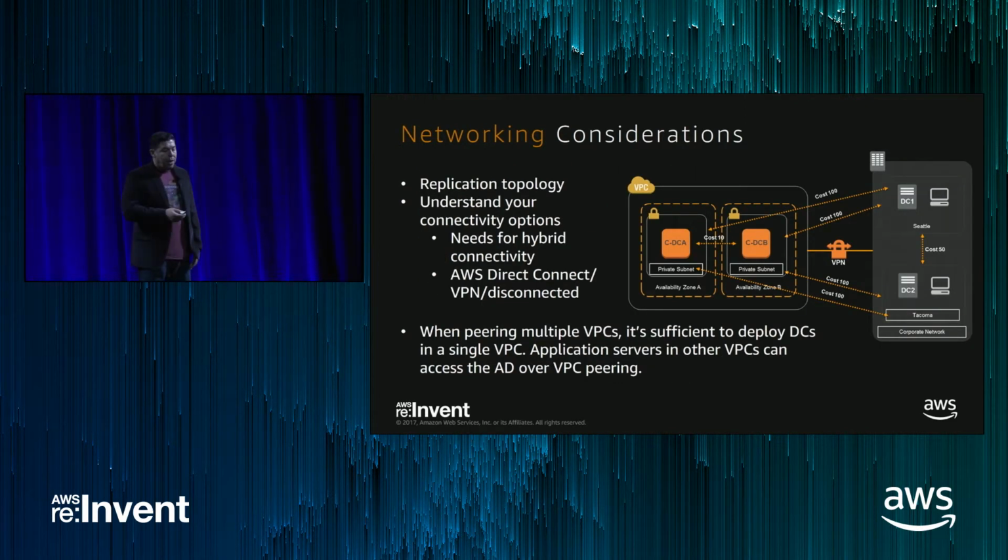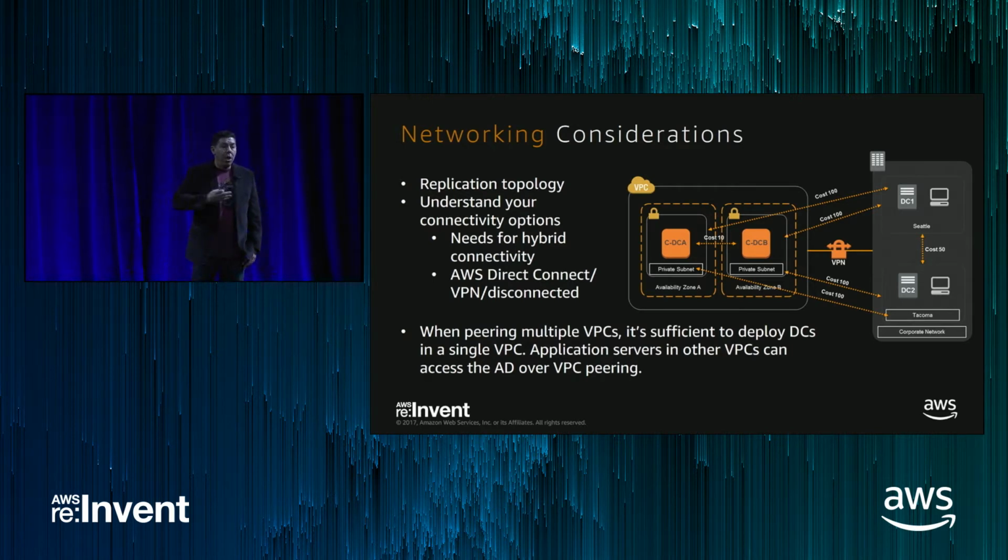Now, what about networking? Well, as with any Active Directory design that you may have been involved with before, you know that you need to understand your networking infrastructure prior to coming up with an appropriate design for Active Directory replication topology. So it's important to understand your connectivity options. Understand if you're leveraging an on-premises environment, what that looks like from a network connectivity perspective. Is there an MPLS network, for example?